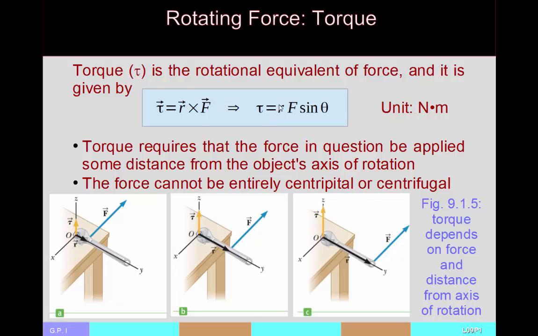You're basically increasing the value of R while applying the same value of F, and as long as you're pushing perpendicular to this handle, then the sine of theta becomes 1 because theta is 90 degrees, and the result is that you'll have a larger torque, which means greater amount of spinning against the bolt. And so therefore you're able to more easily loosen the bolt.